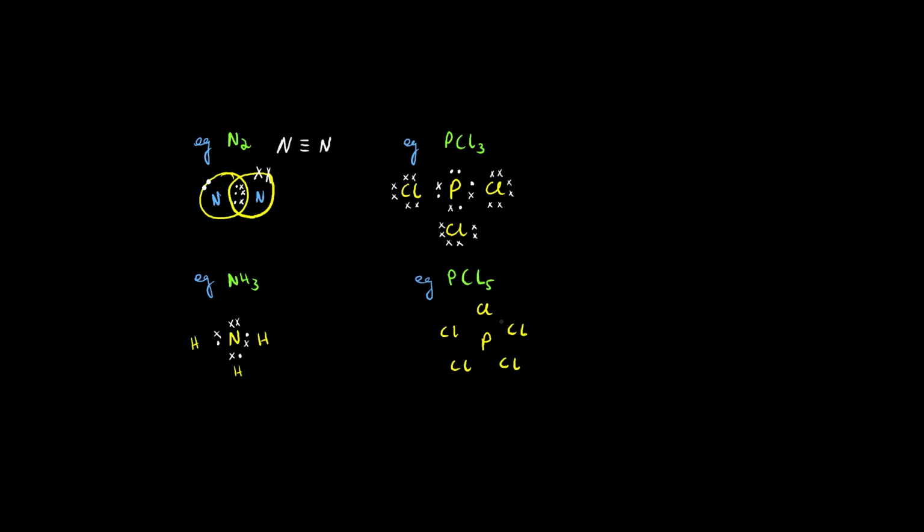Now you will see something special about this after I am done drawing. Similar case, chlorine has 7 valence electrons. It will contribute 1 valence electron to the phosphorus, right? So let's just contribute 1 valence electron. Now phosphorus is in group 5. Chlorine needs 1 valence electron. So phosphorus will give 1 valence electron to each of the chlorines, right? Now phosphorus has 5 valence electrons, so it's given all of its valence electrons away, so there are no lone pairs. Chlorine has 7 valence electrons.